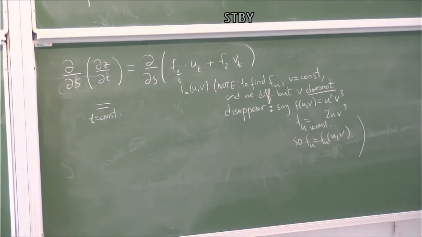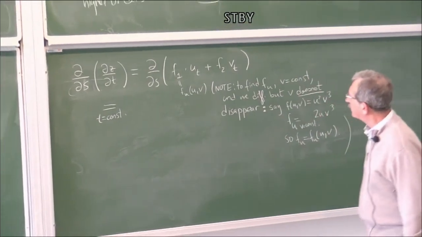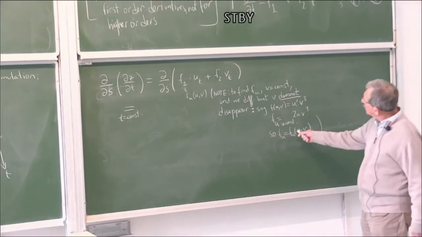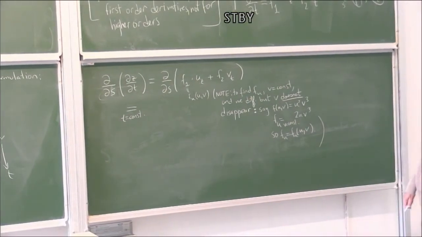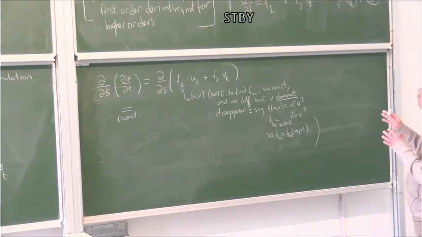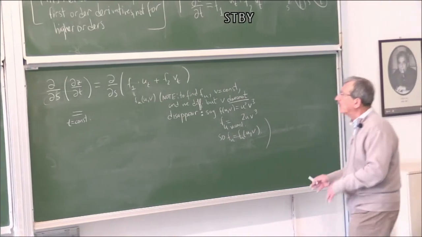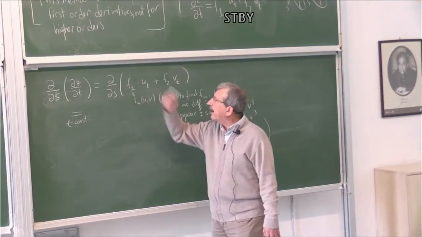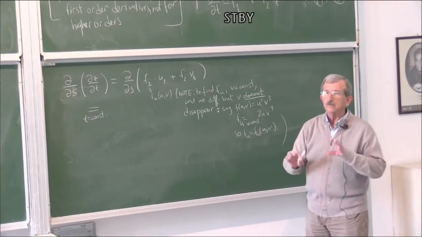So we have to be careful there. That is to say, f sub u is a function of u and v, and u and v are functions of s and t. So on the left-hand side, we have s and t at the end.